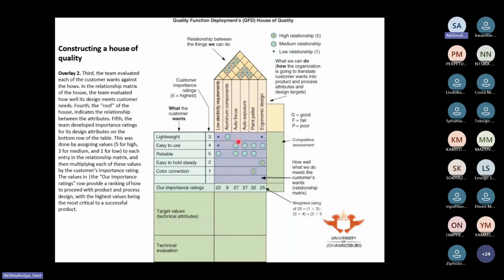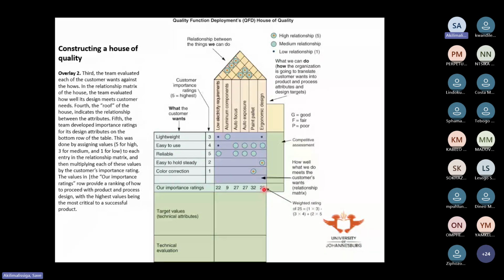Once the relationship matrix here is completed, what you are going to do next is compute our importance ratings. How do you come up with these numbers here? These numbers are going to help you in terms of resource allocation.